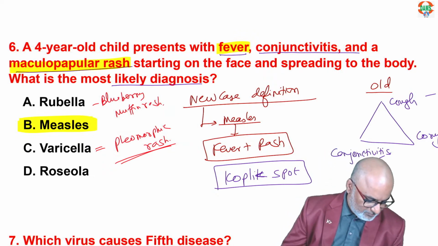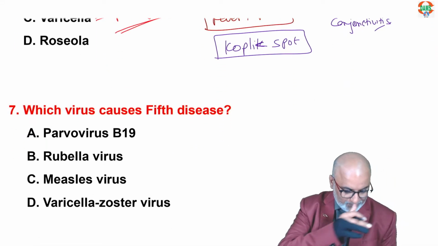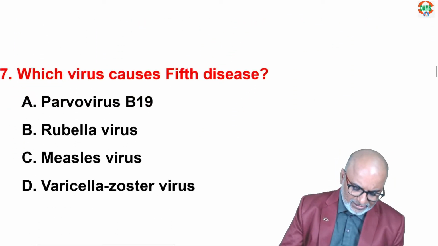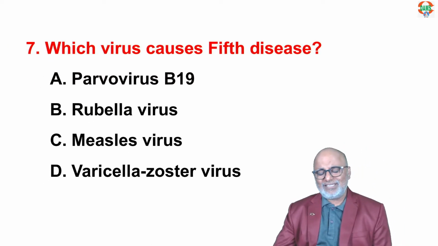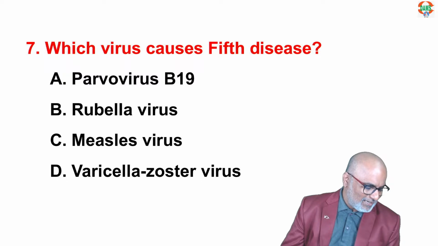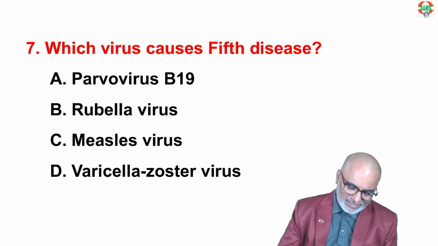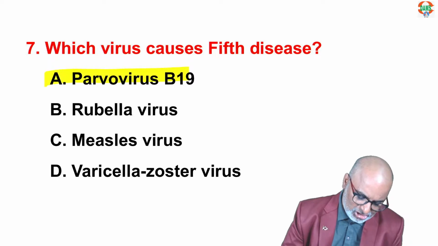Next: which virus causes fifth disease, and which causes sixth disease? You should know, it's a direct question. Fifth disease is caused by parvovirus B19.